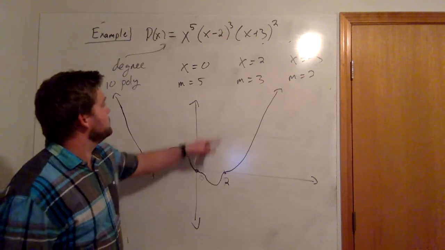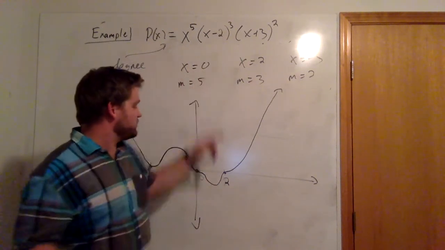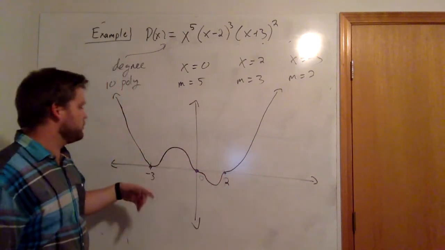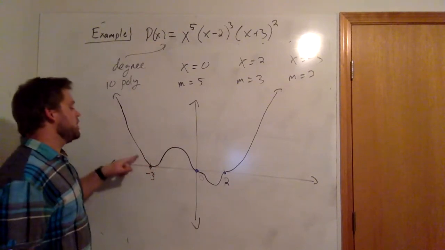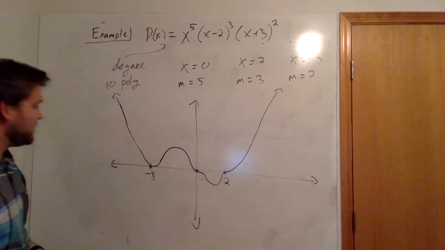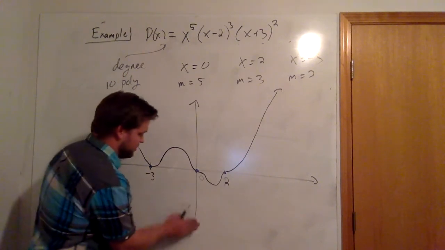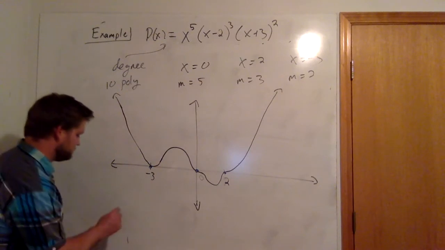For x equals 2, it's going to look a lot like an x cubed, so that's why it's a little bit squiggly here, and so on and so forth. Notice here around negative 3, it looks kind of like a parabola, locally around negative 3. Okay. Now let's just verify this with a sign chart. But this is how you can do it really quickly.